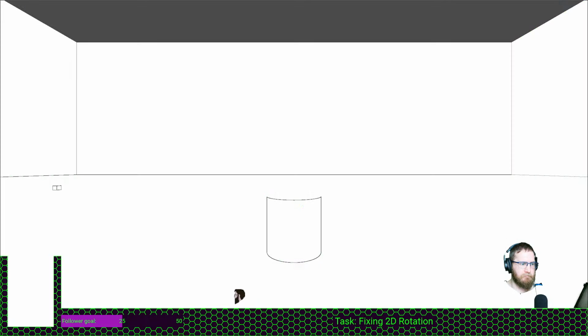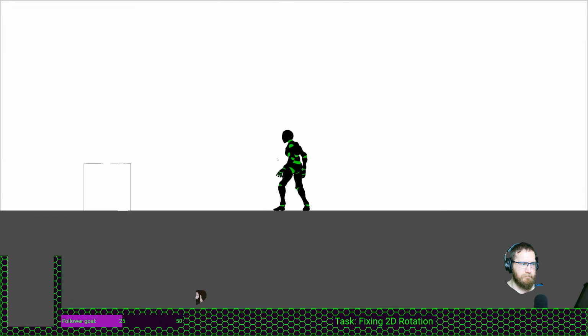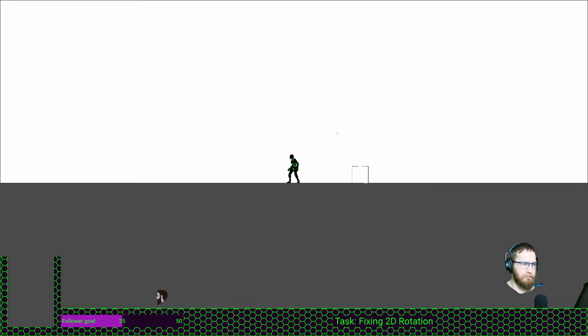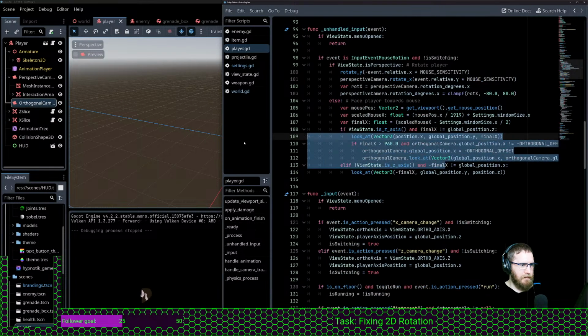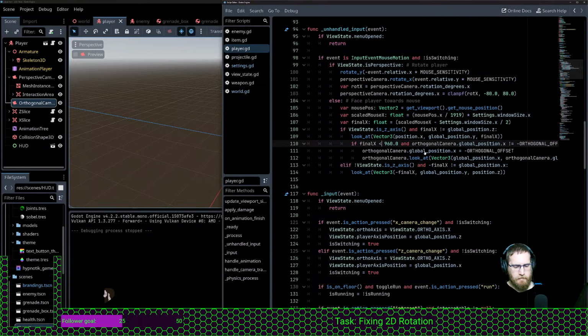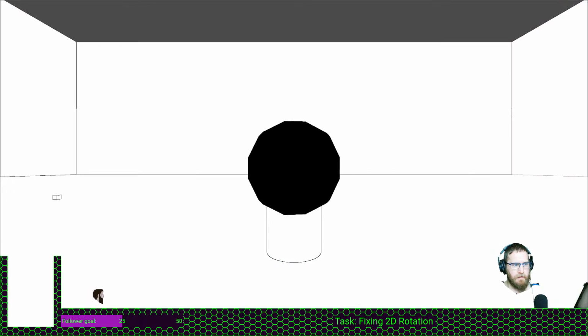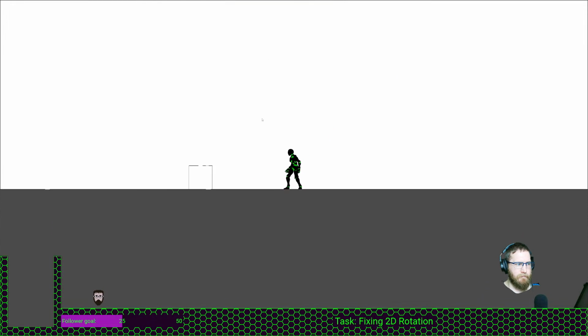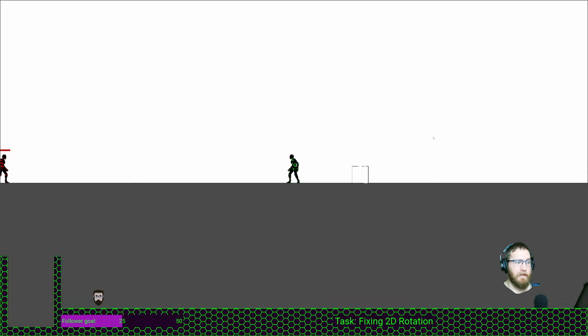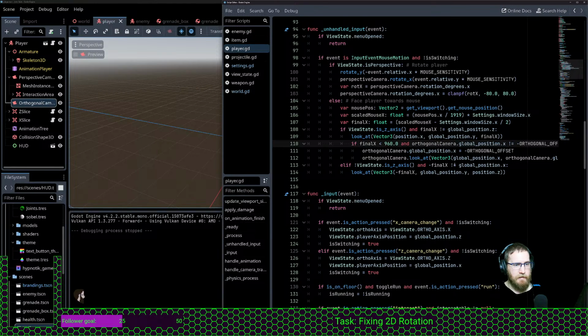Let's see. Z-axis. Dang it. Let's move that back to a less than, shall we? Okay. That's progress.